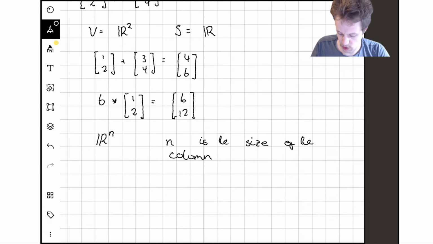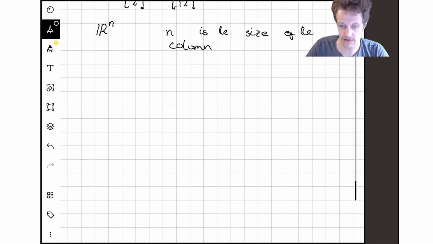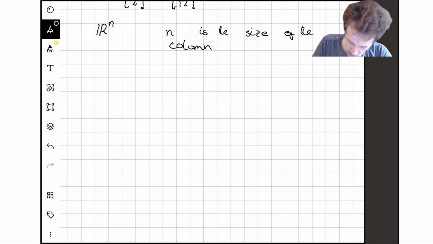Now, let's talk about the properties of our addition function. So, the properties of vector addition are, firstly, it has to be associative.